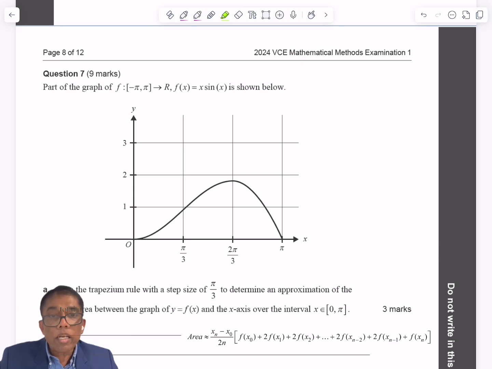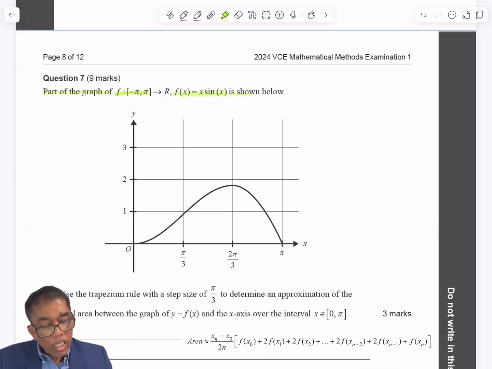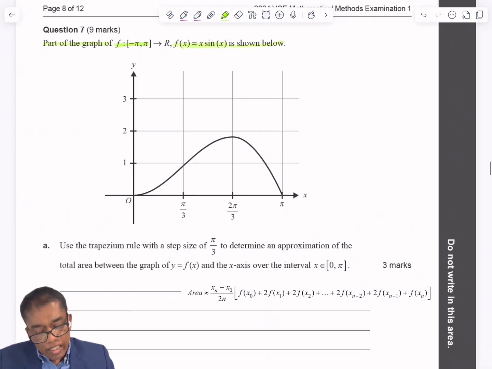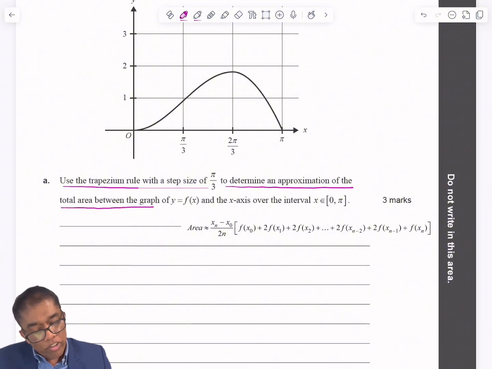Let's consider question number 7. It's given that part of the graph of f, where the domain of f is negative pi to pi and f of x is x sin x, is shown below. Use the trapezium rule with step size pi on 3 to determine an approximation of the total area between the graph y is equal to f of x and the x-axis over the interval 0 to pi.